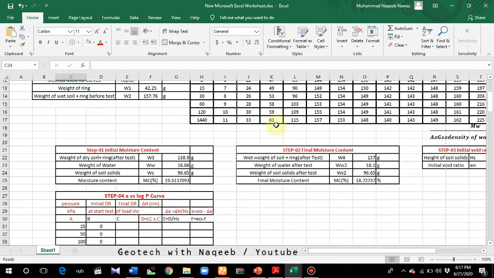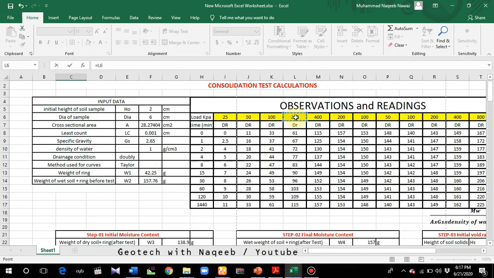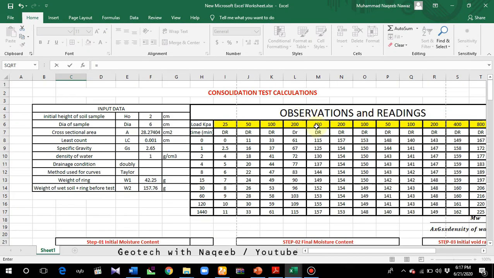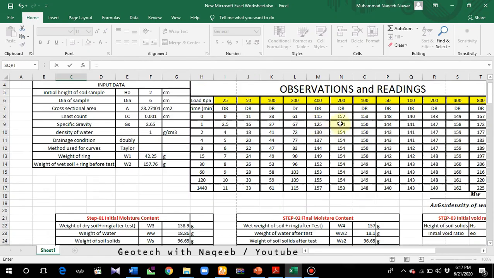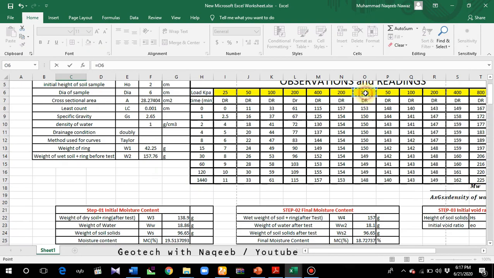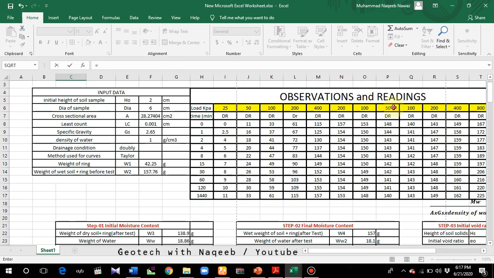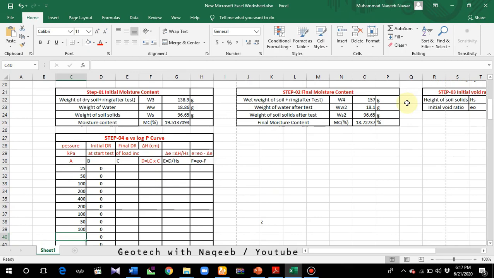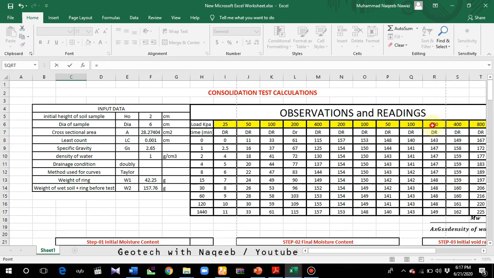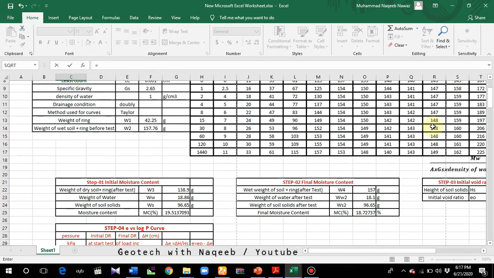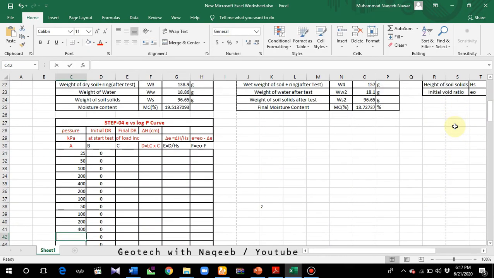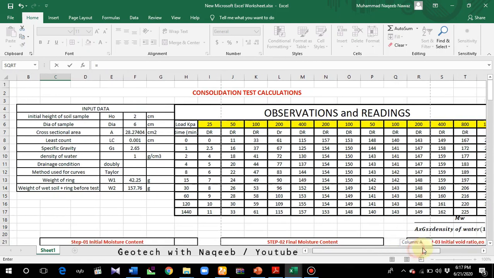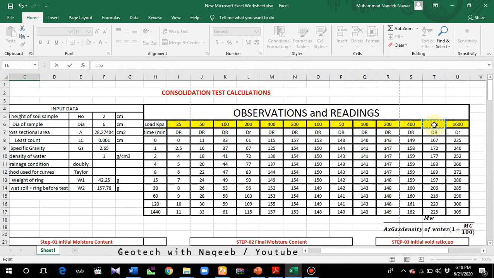Then 100, then 200, then 400, then equals to again unloading, then 100, then 50, then again reloading. This is 100, and then 200, then 400, then 800, and then 1600.